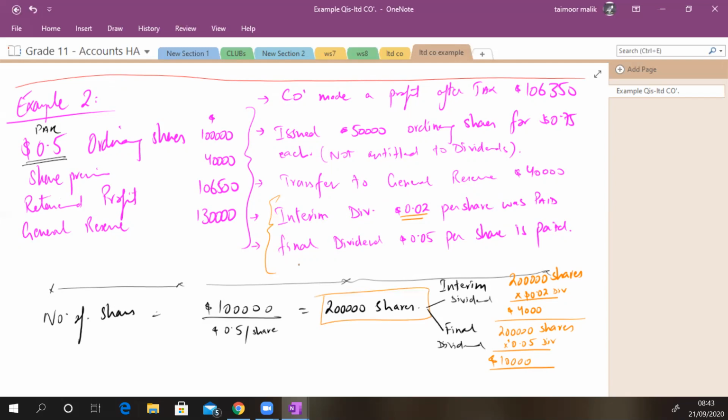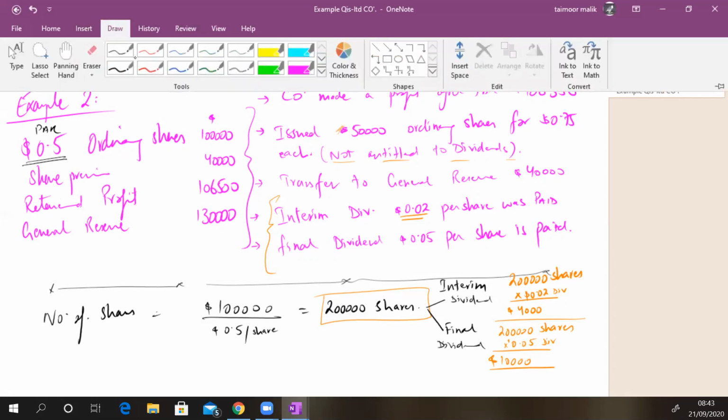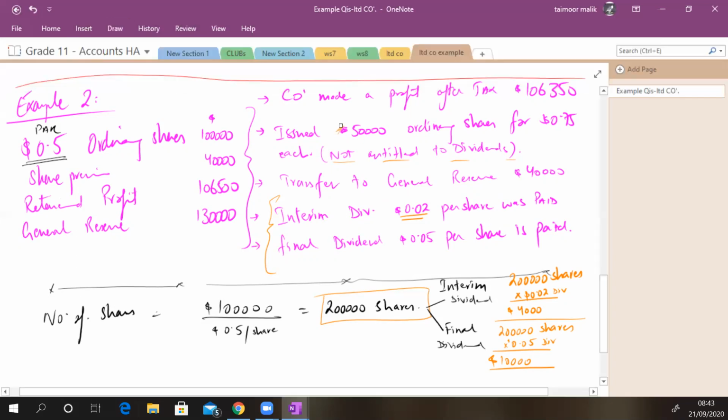So will that have any effect on the value of interim dividend and final dividend? Since they are not entitled to dividend, that means into the dividend है नहीं ना. Also, this 50,000 is not dollars. This 50,000 is actually number. Oh, अच्छा, okay. Issued physical.